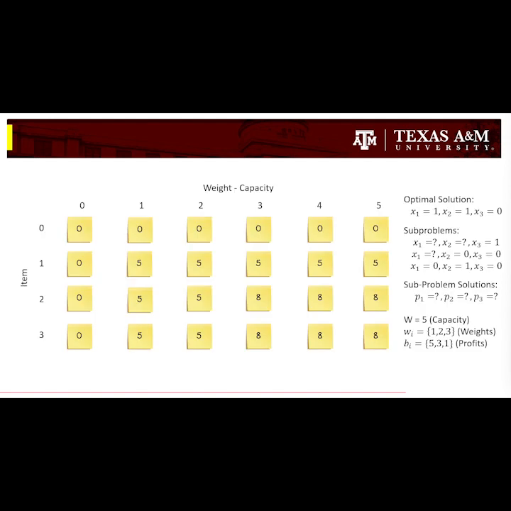So as you recall, we created this table that we'll call D, that gives us the optimal solution. And we found the optimal solution where the first item and the second item are included. And so what our algorithm does is it creates the subproblems.